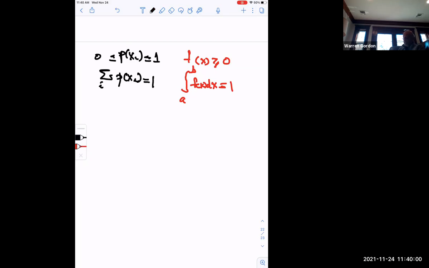The CDF is F of x equal to P of X less than or equal to x. That doesn't change.